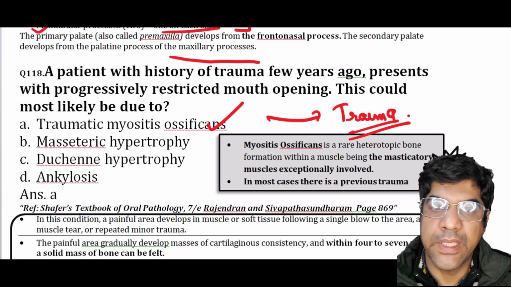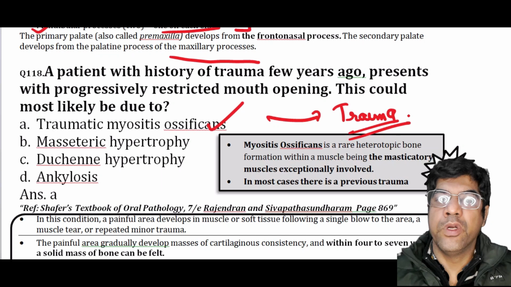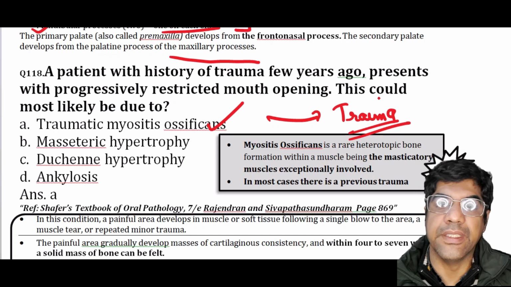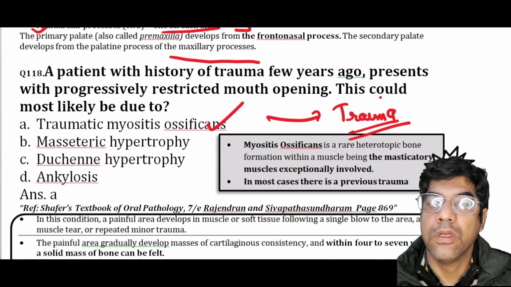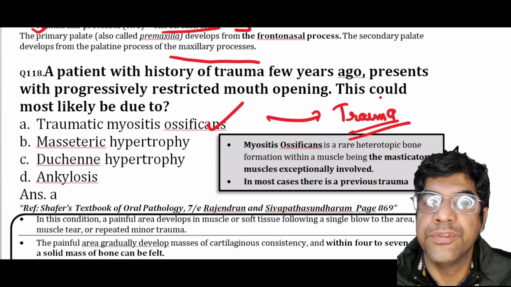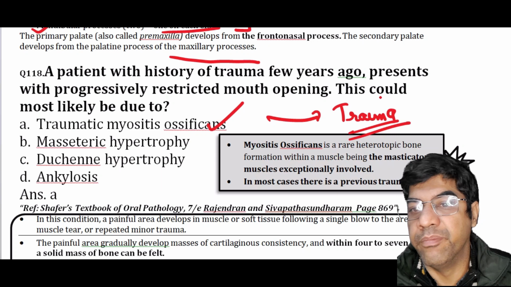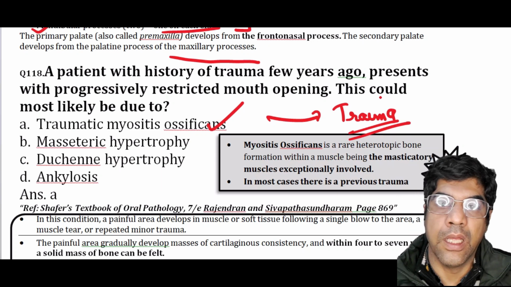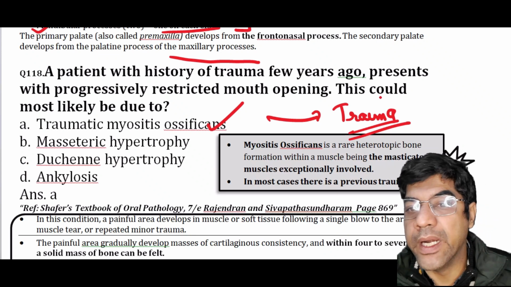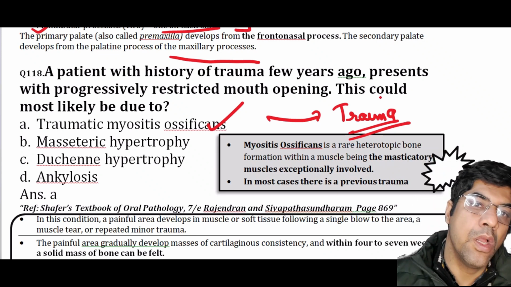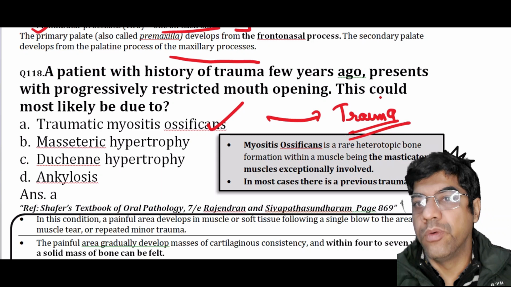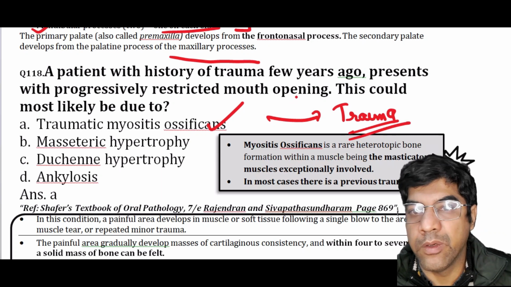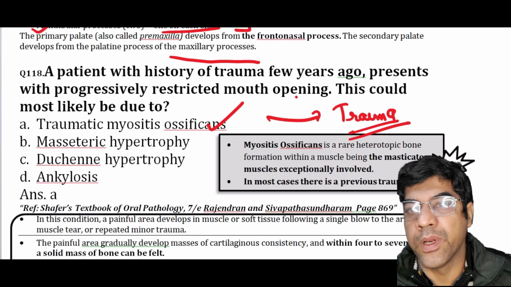Over time, these painful areas develop masses of cartilaginous consistency, and within 4 to 7 weeks, a solid mass of bone can be felt there. Due to that, there is restricted movement in the affected muscles or joints. Myositis ossificans involves the muscles of the face, particularly the masseter and temporalis.